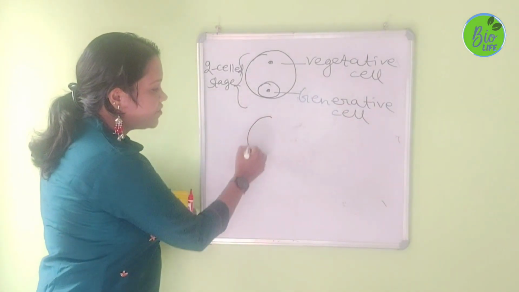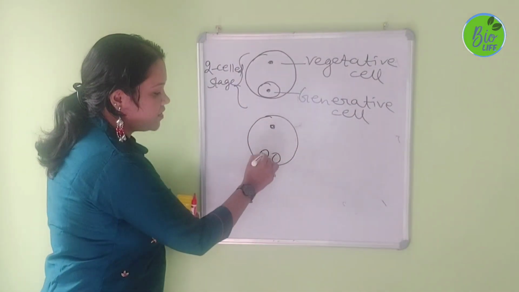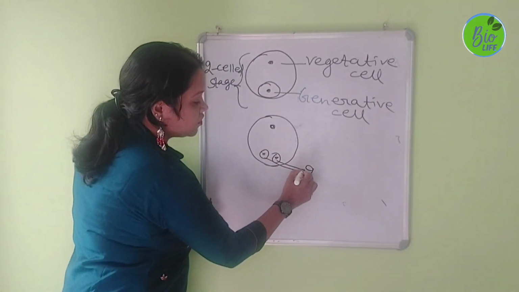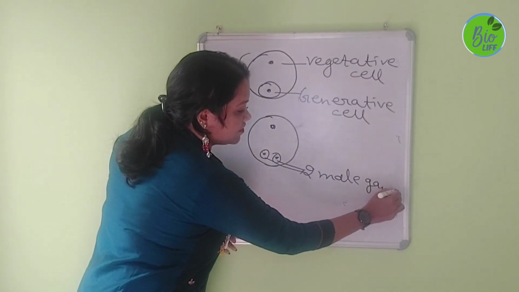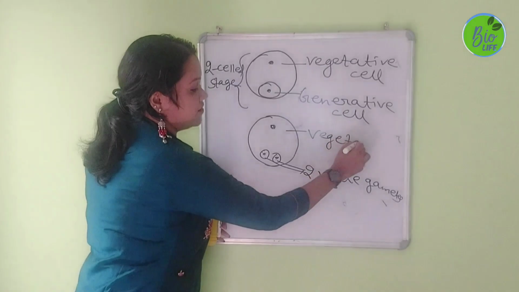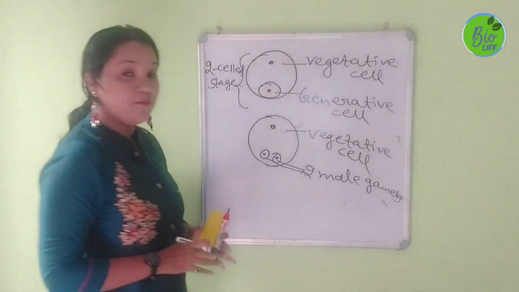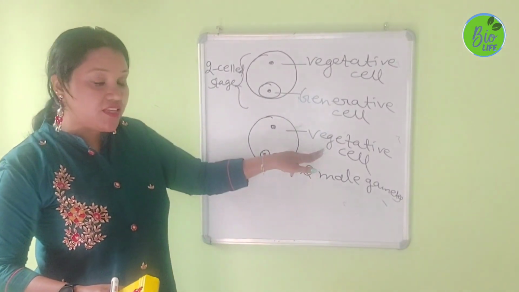The generative cell undergoes mitosis to form 2 male gametes, and here there is one vegetative cell.